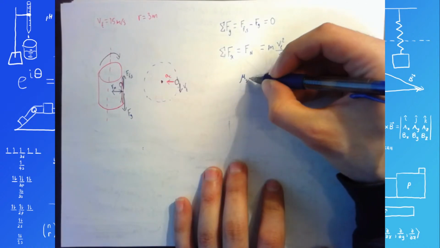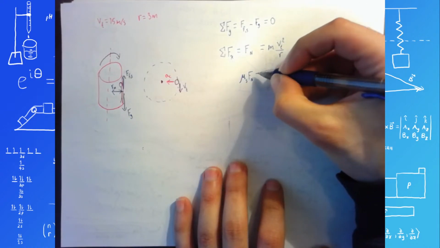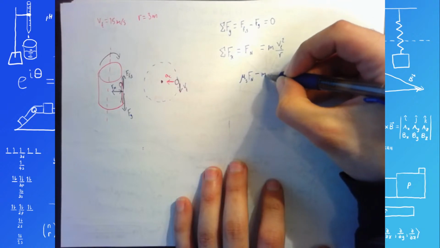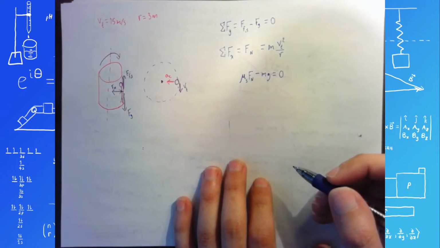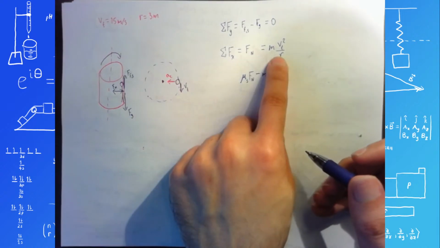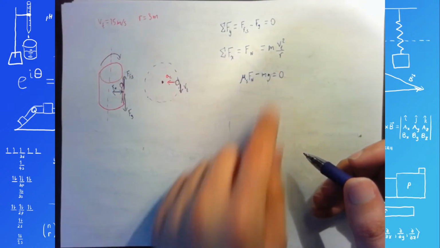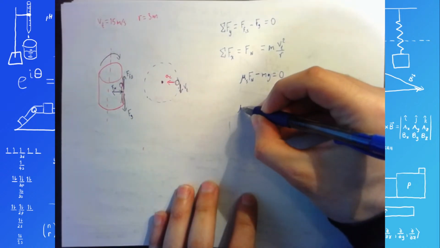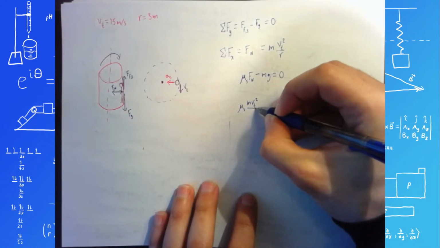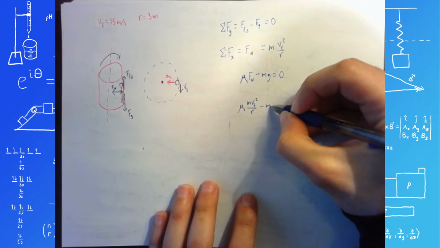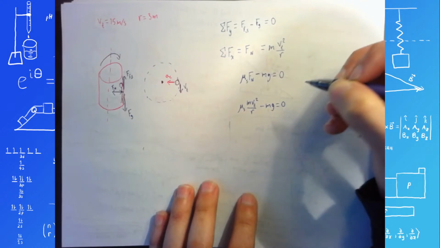So mu static times normal force minus mg is equal to 0. And then we can just substitute normal force with m v tangential squared over r. So we get mu static m v tangential squared over r minus mg equals 0.